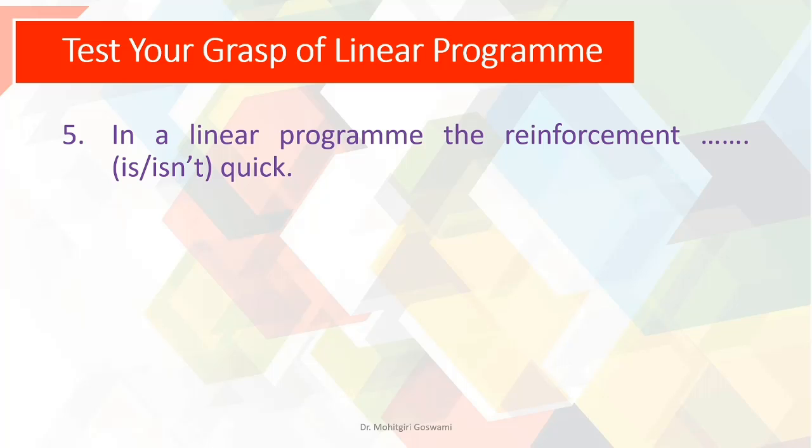The next is, in a linear program, the reinforcement blank quick. Yes, it is quick. As we have seen in the example, in the very first line of the second frame, the student will know the true answer to the above question, and that will work as reinforcement.